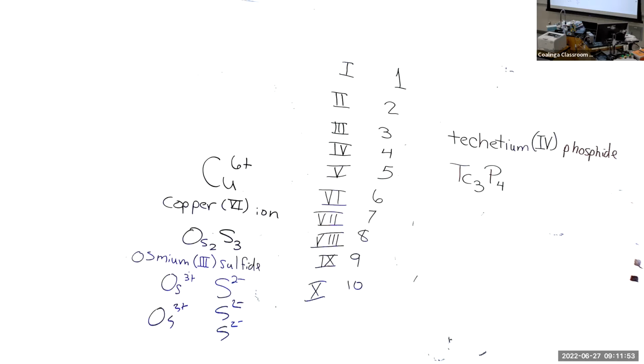We know that because what's the charge on the actinium? Okay, and then we know that phosphide. And then one word. Okay, piece of cake.